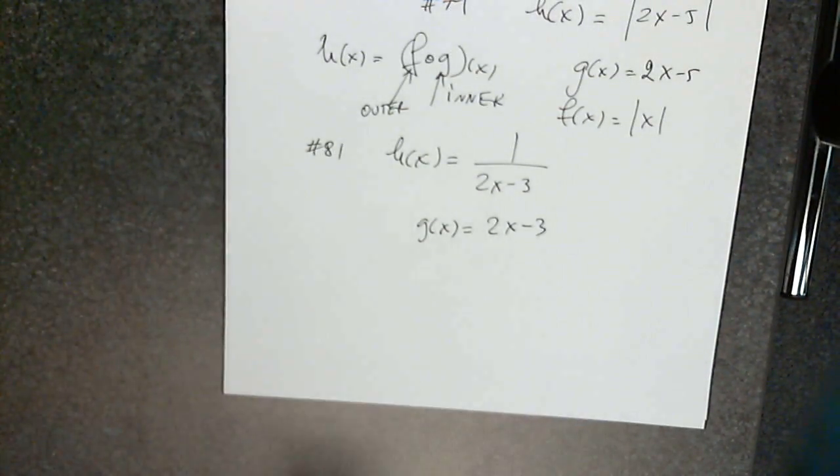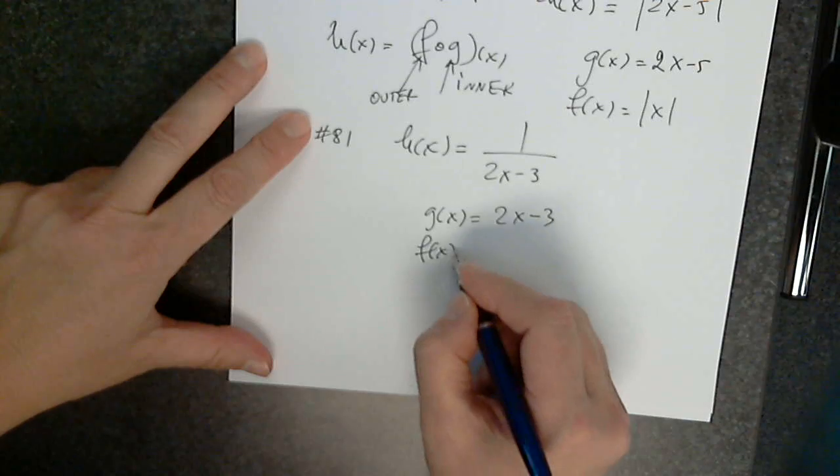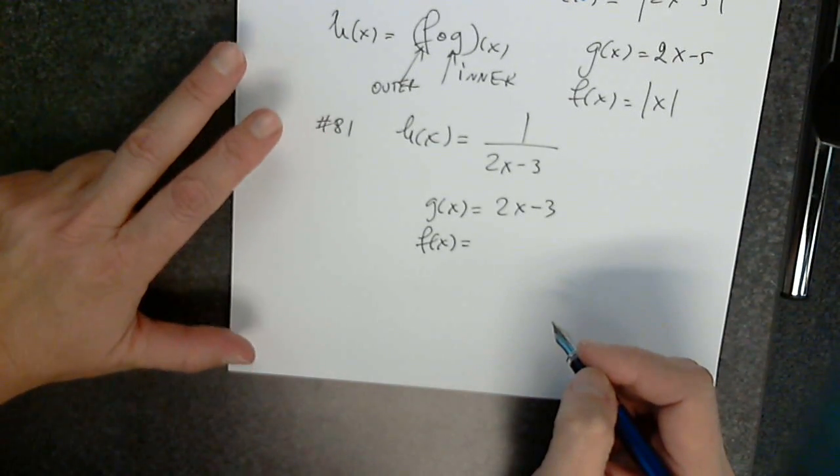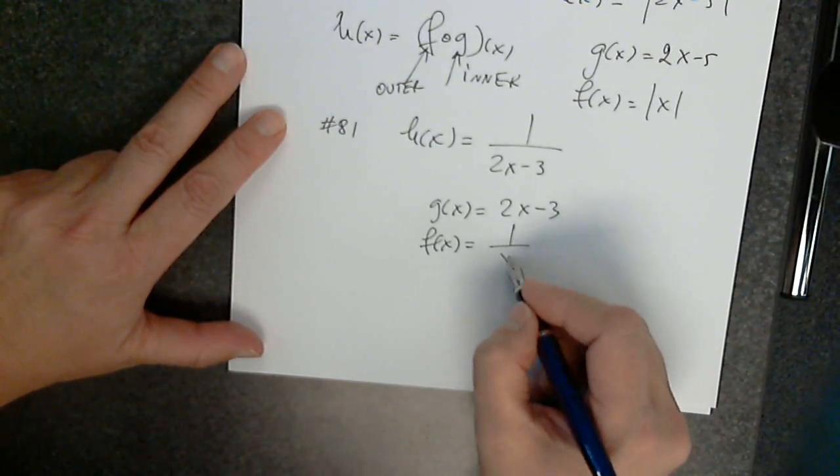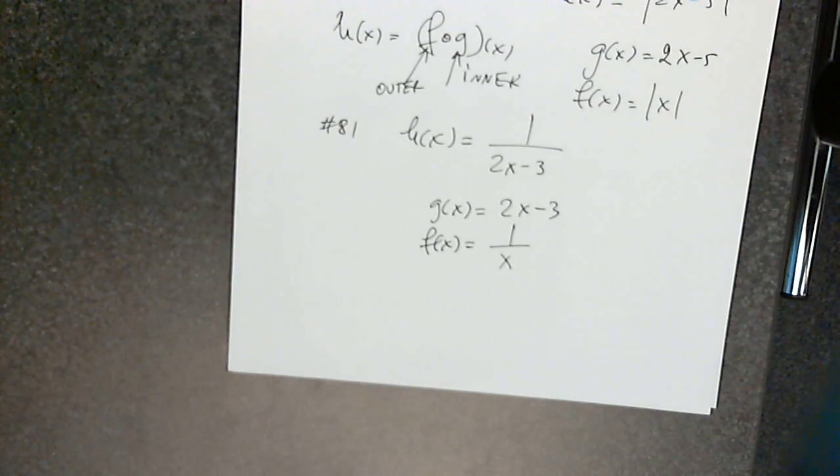Once I'm done with 2x minus 3 and I get 15, what function, let's say, do I apply to 15? That will be the outer. 1 divided by x. That is the function we apply to the result. Any questions on this? Are we okay with this? Please say no if it's not clear.